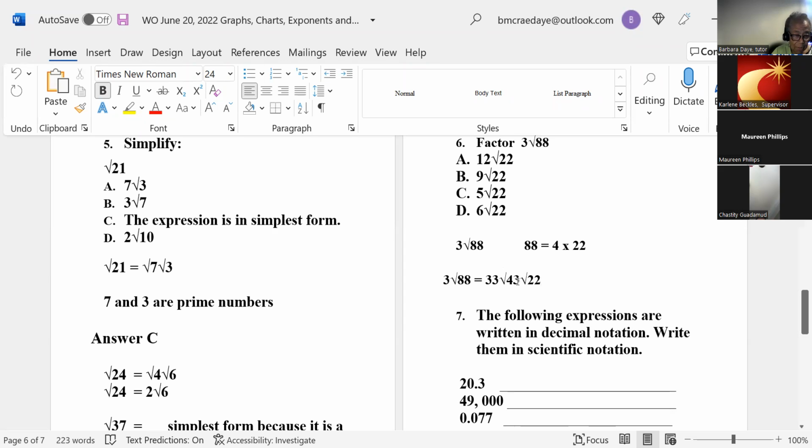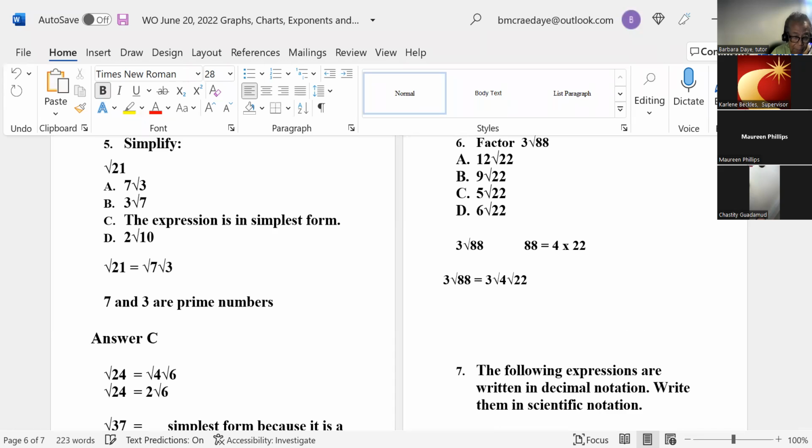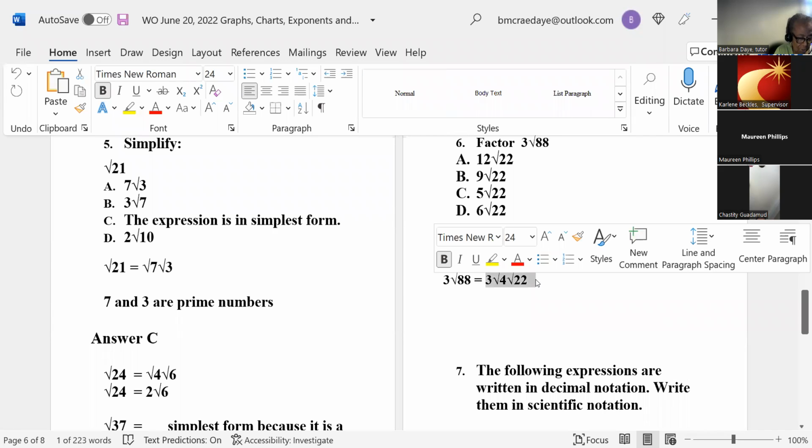And we don't have a 3 here. Now what's the square root of 4, Maureen? 2. Okay, so that's 2.